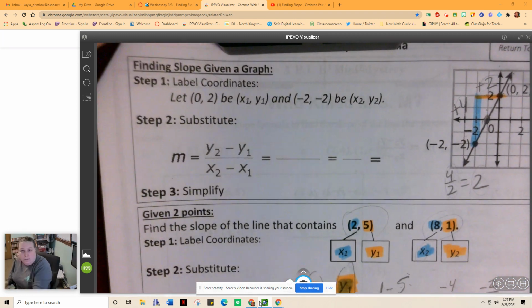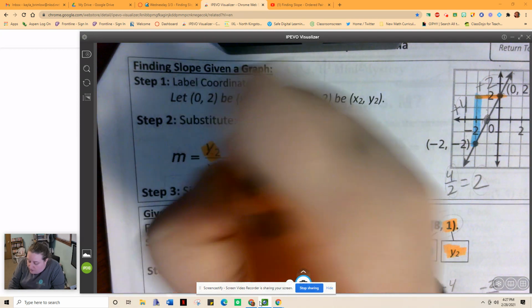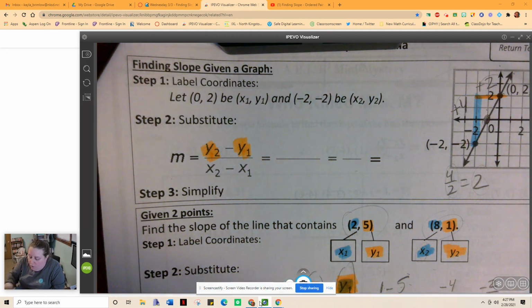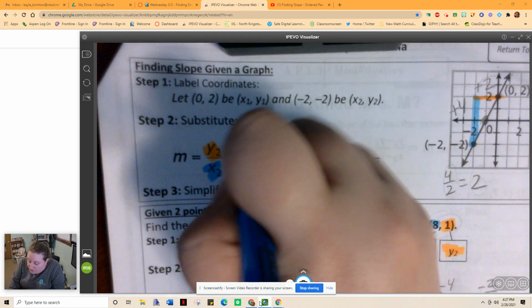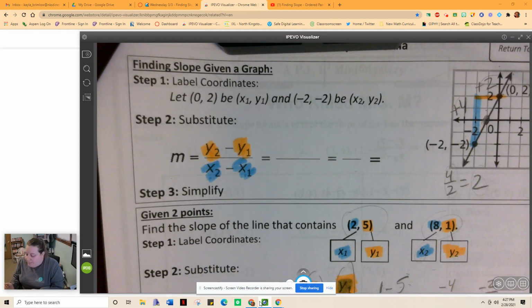So you can go back to using the slope formula, which is what we saw yesterday. So as a reminder, with our slope formula, it's the change in y over the change in x. So we're algebraically solving it instead. So they picked the 2 coordinates from the graph that were assigned to us.